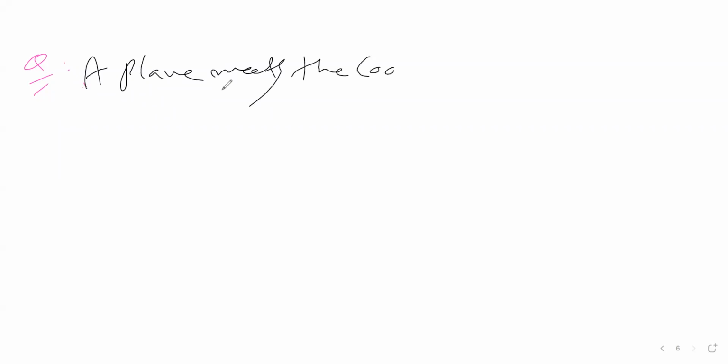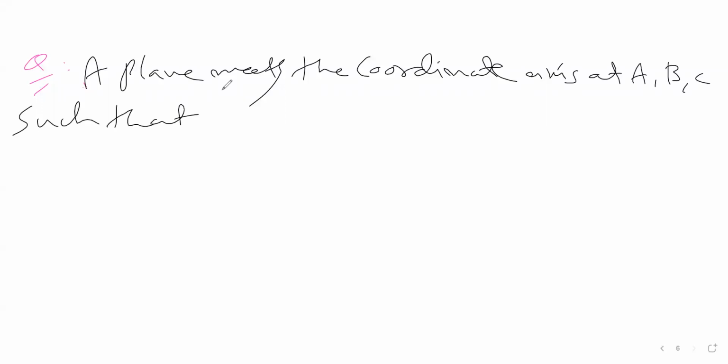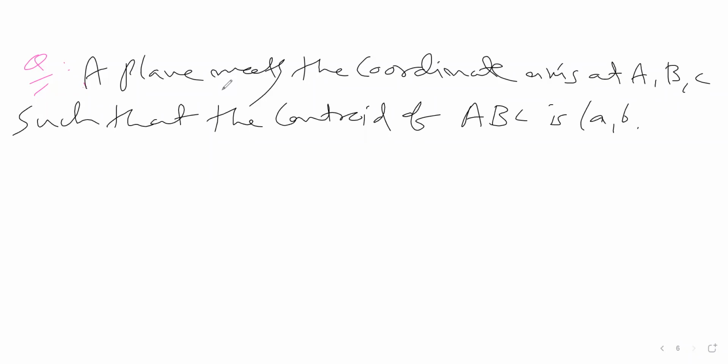Next property. There is no diagram, but you will understand. Now a plane meets the coordinate axes at A, B, C such that the centroid of triangle ABC is small a, small b, small c.